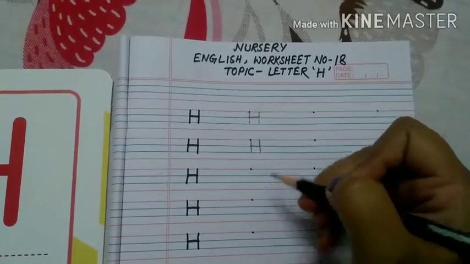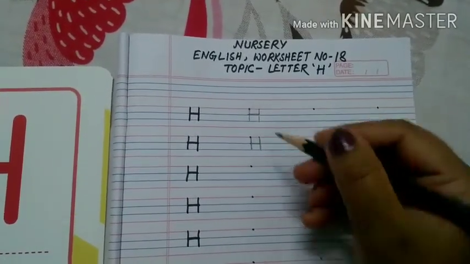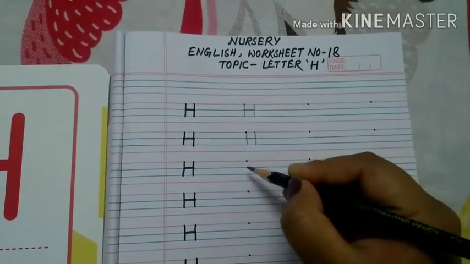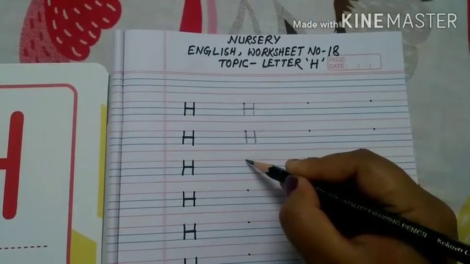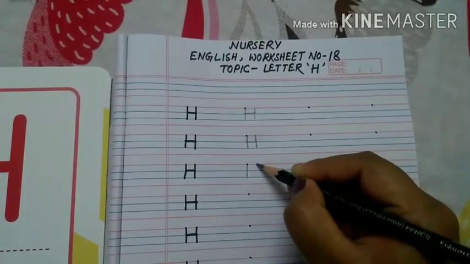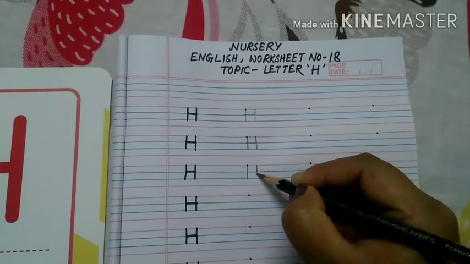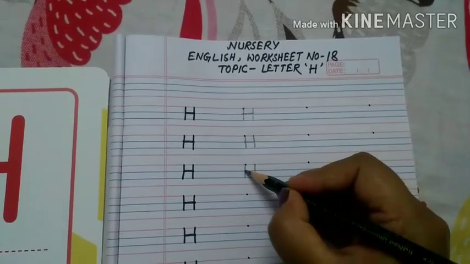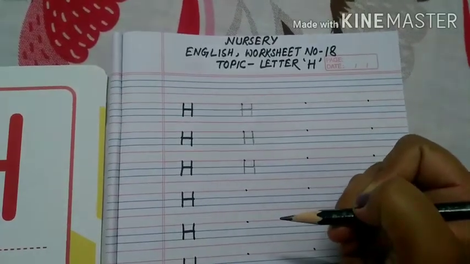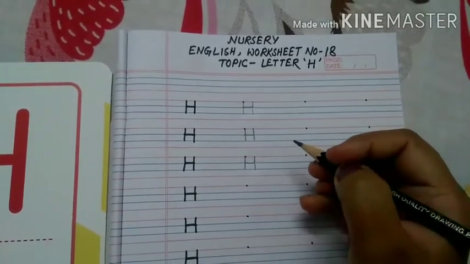Like this. Again it becomes the letter H, and it is very easy to write. Let's do it again. Standing line, again one more standing line, then join the two standing lines with a sleeping line. So it is very easy.